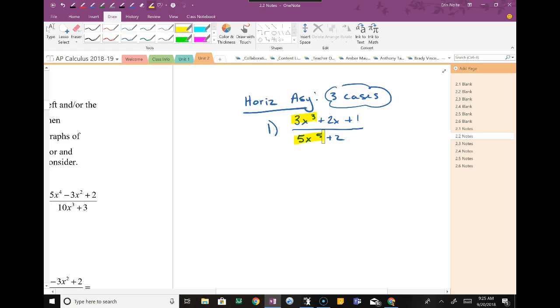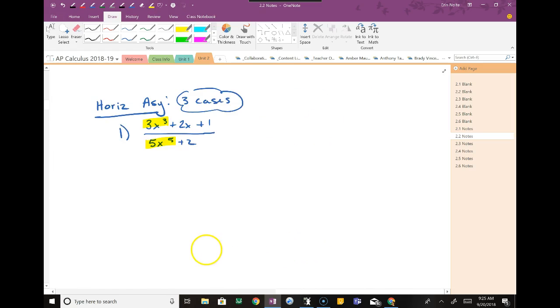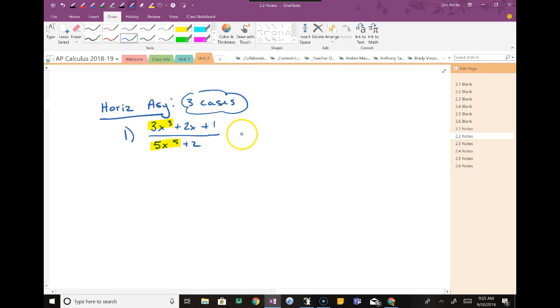Which one has the biggest exponent? The one on the bottom. So if the exponent is bigger on the bottom, does anybody remember where the horizontal asymptote is? If it's bigger on the bottom, it will always be at 0.